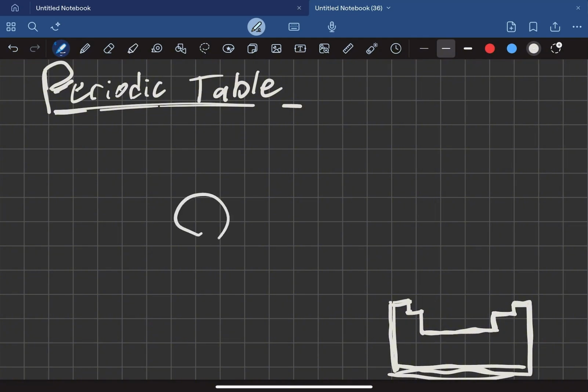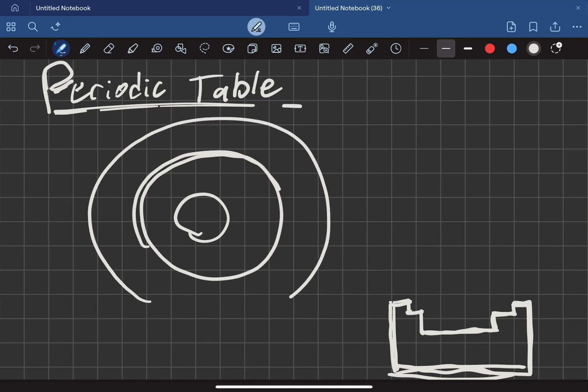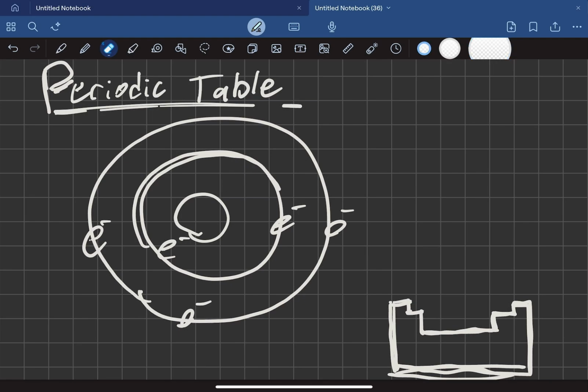Basically, electrons are going to occupy discrete shells around the nucleus. So there's going to be some electrons here and some electrons here, but there's not going to be an electron, say, right there. They are rather confined to these discrete shells around the nucleus. You have the nucleus here, this is shell 1, this is shell 2, and they keep going. You have shell 3, and then you have shell 4, etc.